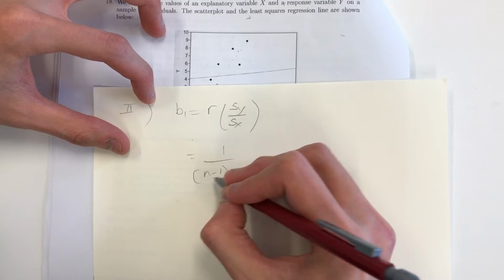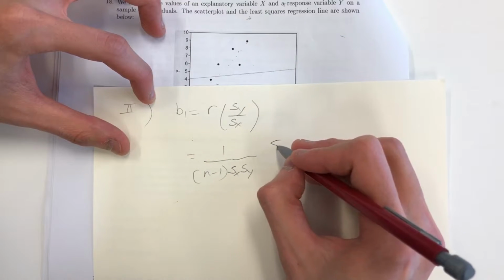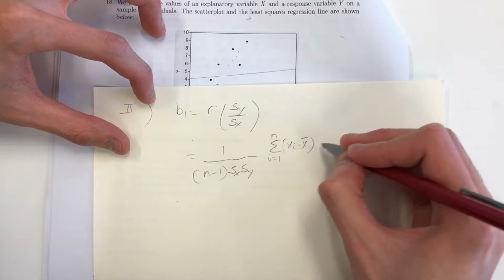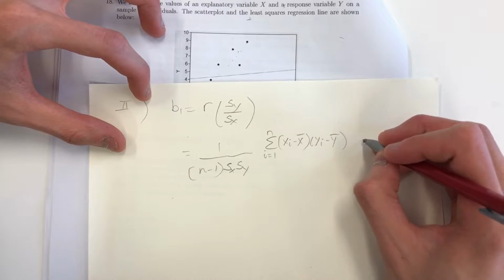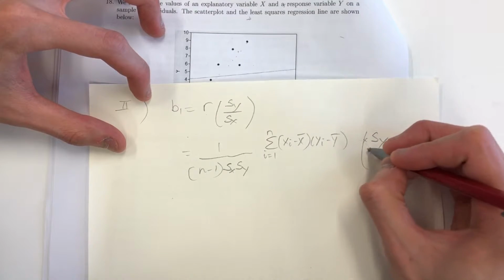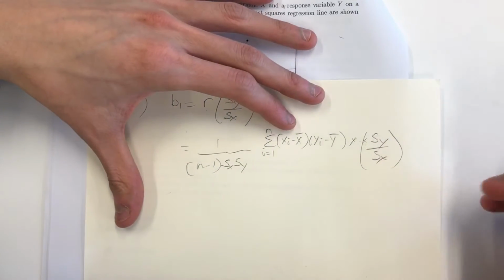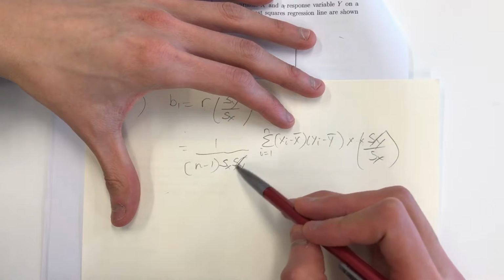That'll be 1 over n minus 1, times sx sy, multiplied by sy over sx. So we notice here that the standard deviation of our response variable cancels out.